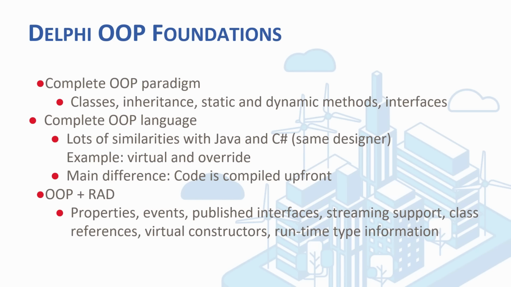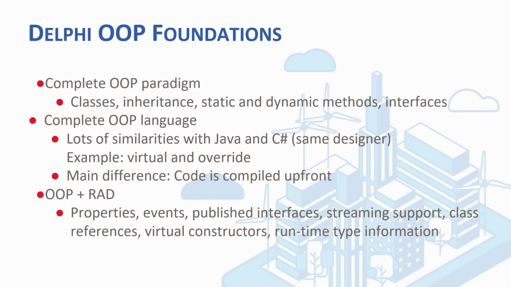The language has complete object-oriented programming that was true since day one, since 1995, with classes, inheritance, static and dynamic methods. Later came the support for interfaces, and it is a complete language. It has lots of similarities with Java, and even more similarities with C#, as the two languages share the same designer, Anders Hejlsberg.